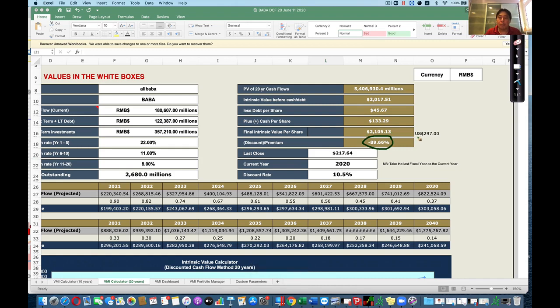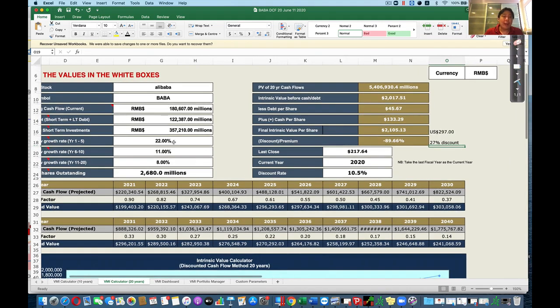We're now comparing the intrinsic value to the current share price. So we take 217 divided by 297. Roughly that's a 27% discount to valuation. Let's put it down, 27% discount. So there you go. That's pretty undervalued.